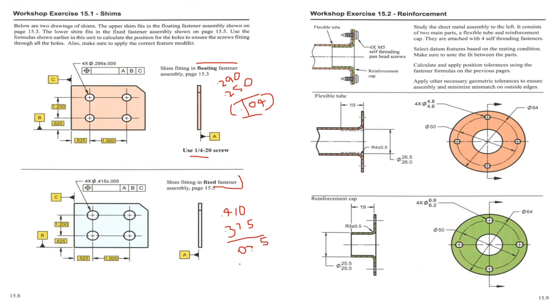When we split 60 and 40% between the hole and the fastener, for the fastener I can go with 0.015, and for the hole 0.02.